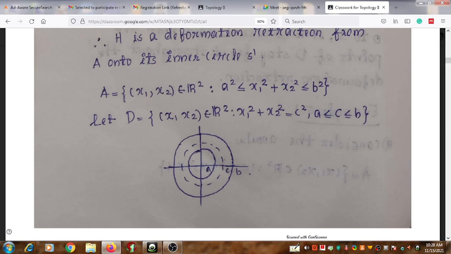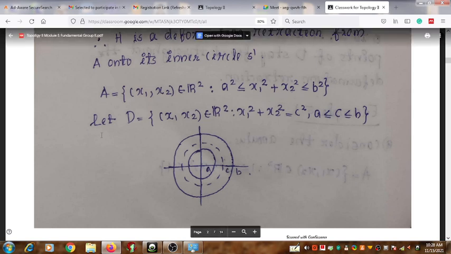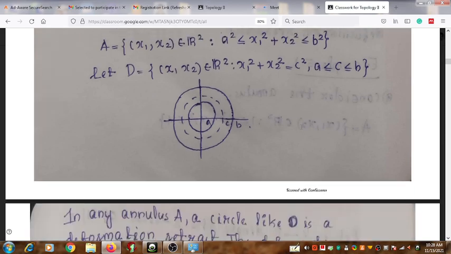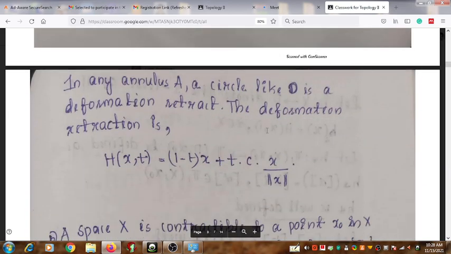Therefore, consider the space A, the set of all (x1, x2) belonging to R2 such that a squared is less than or equal to x1 squared plus x2 squared, which is less than or equal to b squared. Let D be the set of (x1, x2) in R2 such that x1 squared plus x2 squared equals c squared, where a is less than or equal to c, which is less than or equal to b, and that can also be a deformation retract.